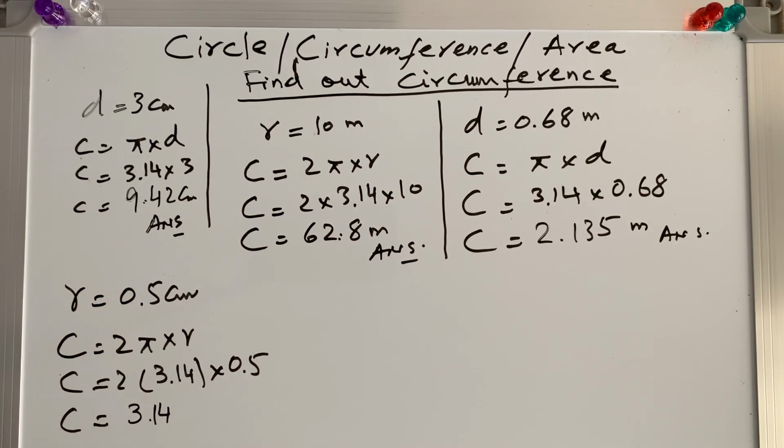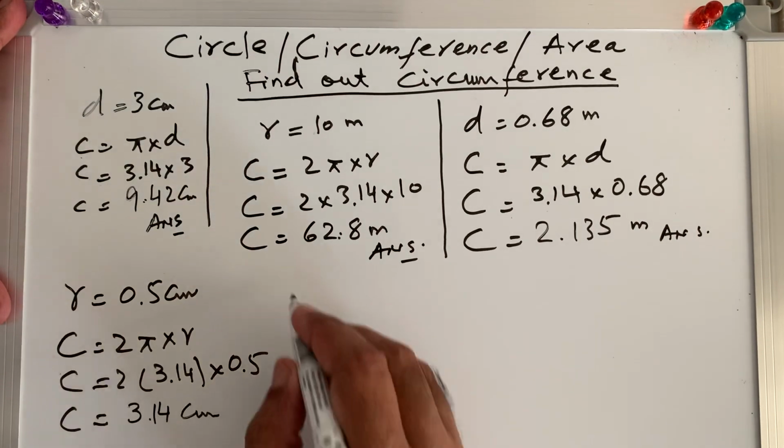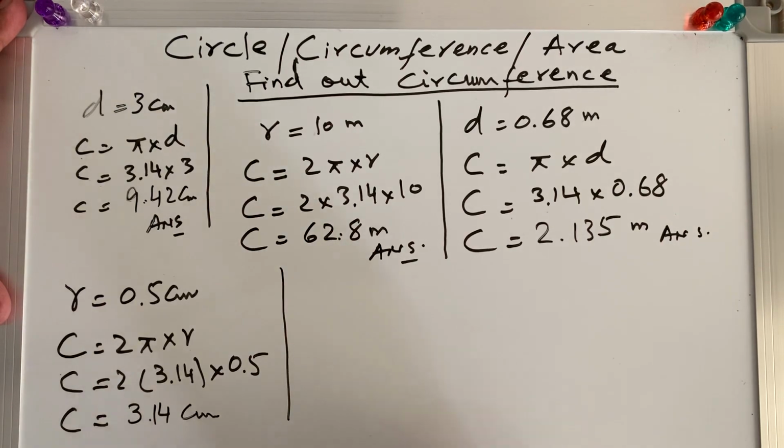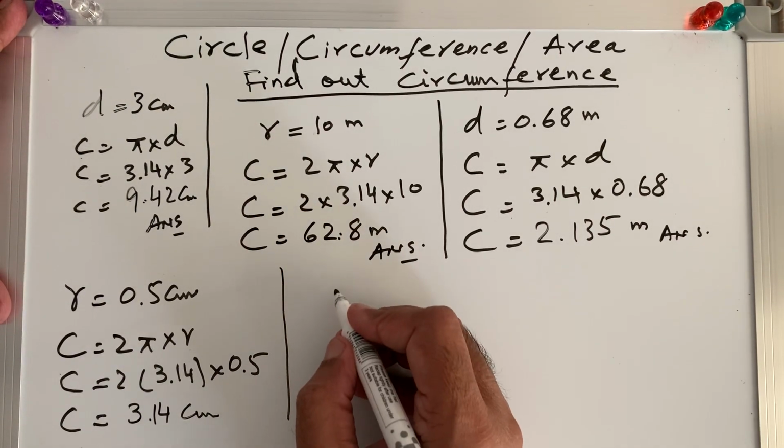Let me check one more time. 2 times 3.14 times 0.5. Yeah, 3.14 centimeter. So this is your practice on how to calculate circumference.